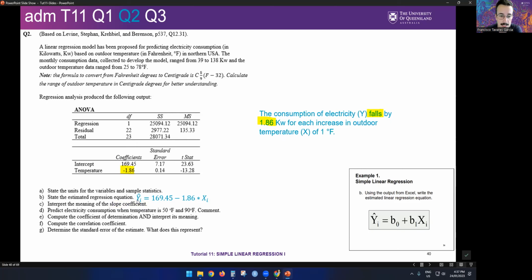So this guy will go down 1.86 if this guy goes up by 1 Fahrenheit. Does that make sense? So the higher the temperature in this equation, the lower the electricity consumption.